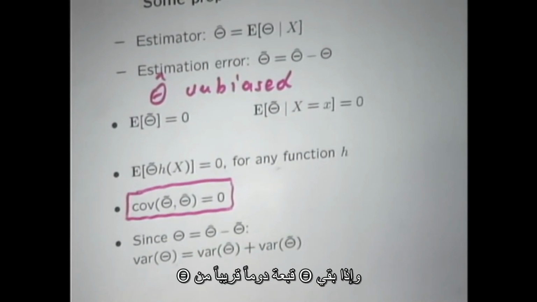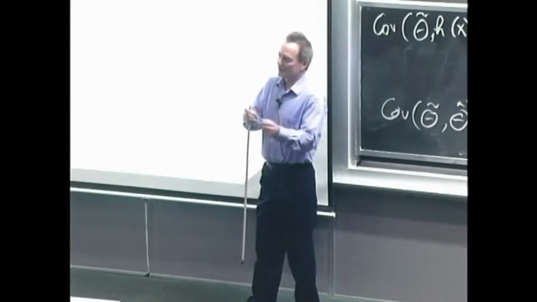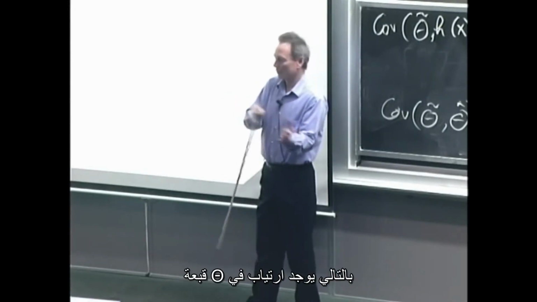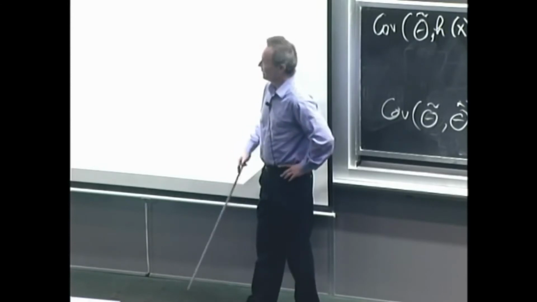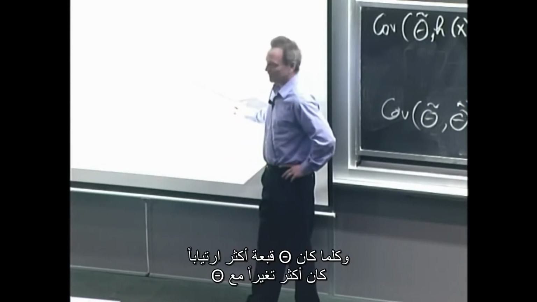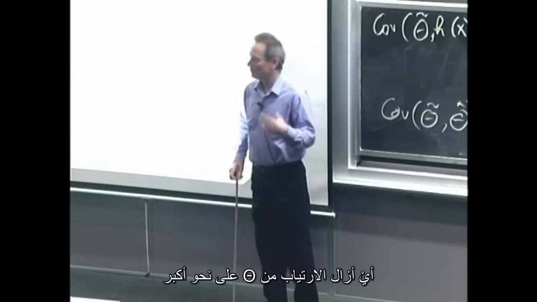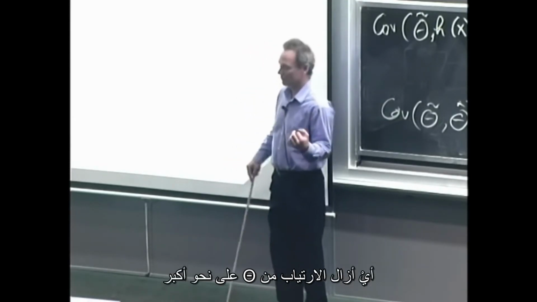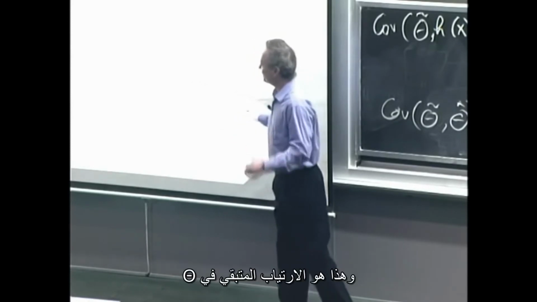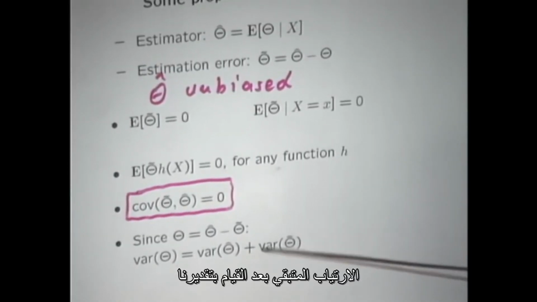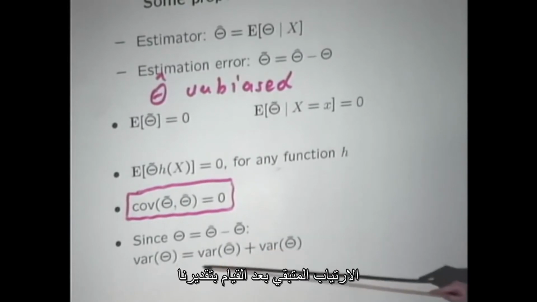If theta hat always stays close to theta, since theta is random, theta hat must also be quite random, so it has uncertainty in it. And the more uncertain theta hat is, the more it moves together with theta, so the more uncertainty it removes from theta. And this is the remaining uncertainty in theta, the uncertainty that's left after we've done our estimation.